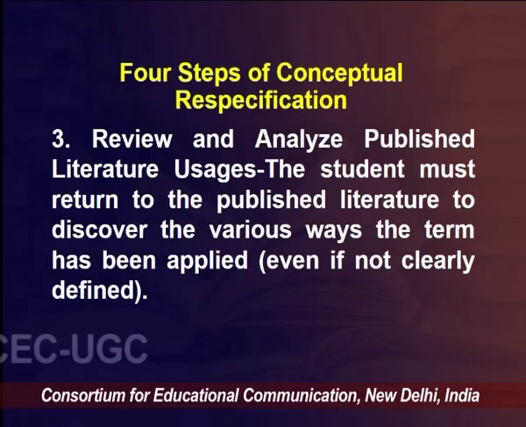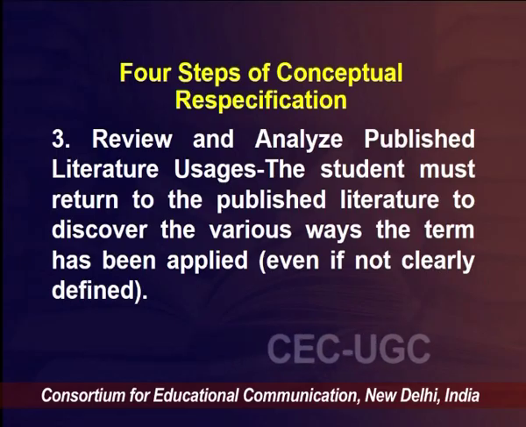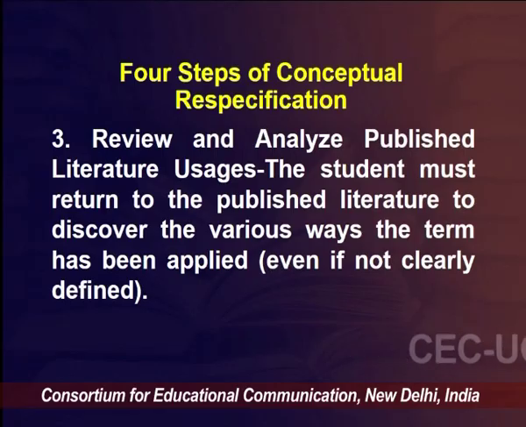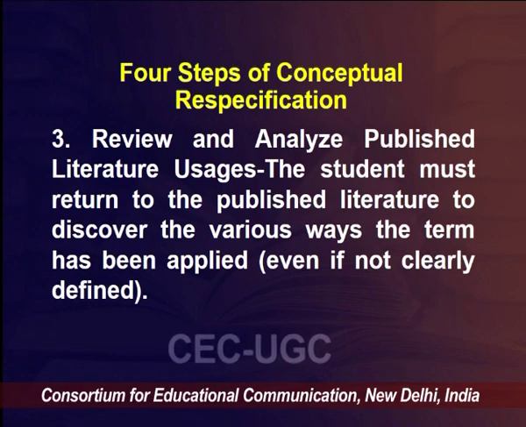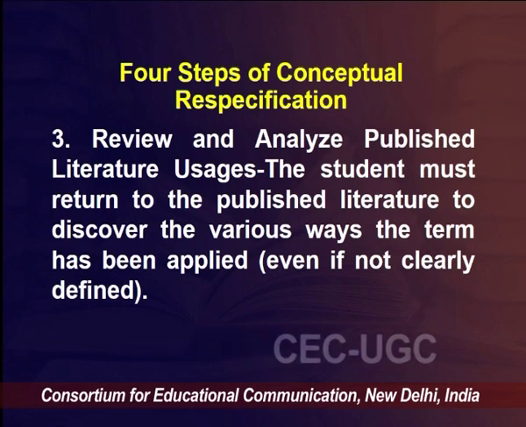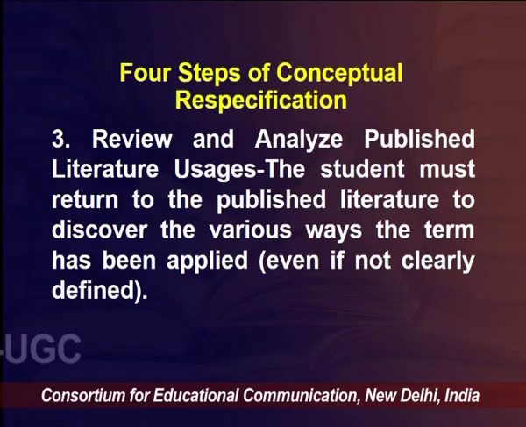The third step in conceptual respecification is review and analyze published literature uses. The student must return to the published literature to discover the various ways the term has been applied, and this is known as literature review in social research. Now, the review needs to identify both things: one, how the concept has been used and whether there is a need to bring about change in the concept that is being used.